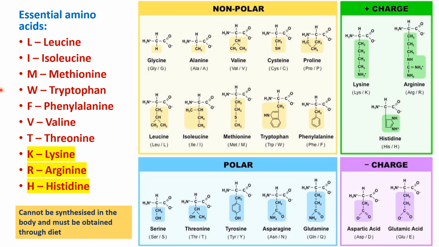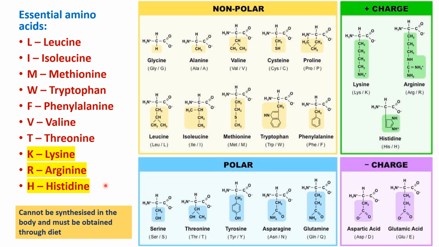So when we are taking certain food items, and if these food items do not have these amino acids in them, then our body will become deficient in these amino acids.